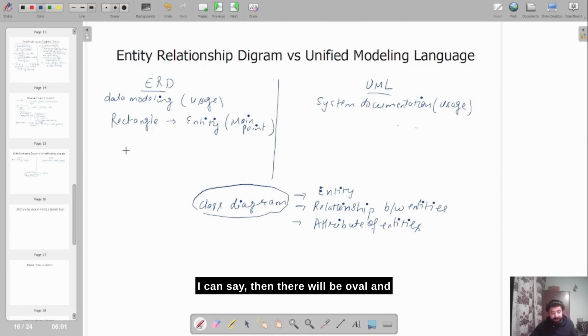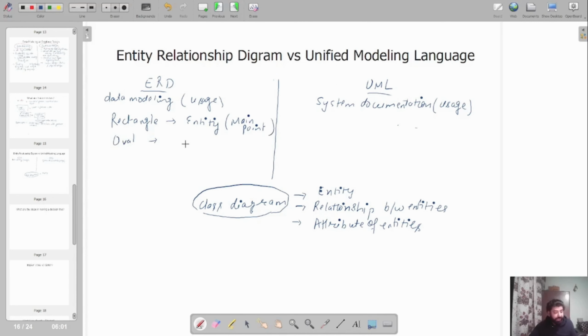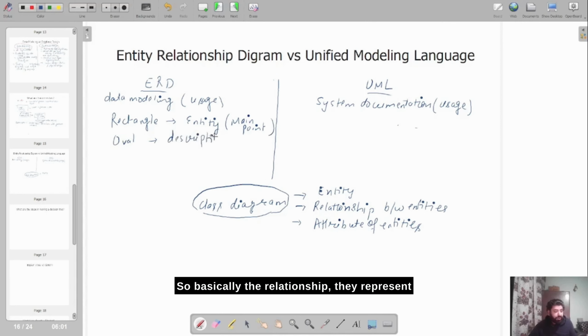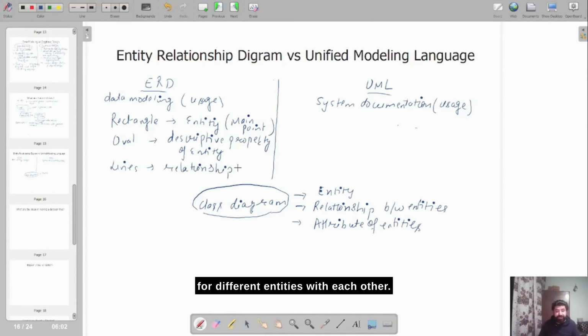Then there will be ovals, and these ovals will be connected to the entities, and they represent the descriptive properties of the entities. So I'll write descriptive property of entity. And then come the lines. So lines are basically showing the relationship of different entities with each other.